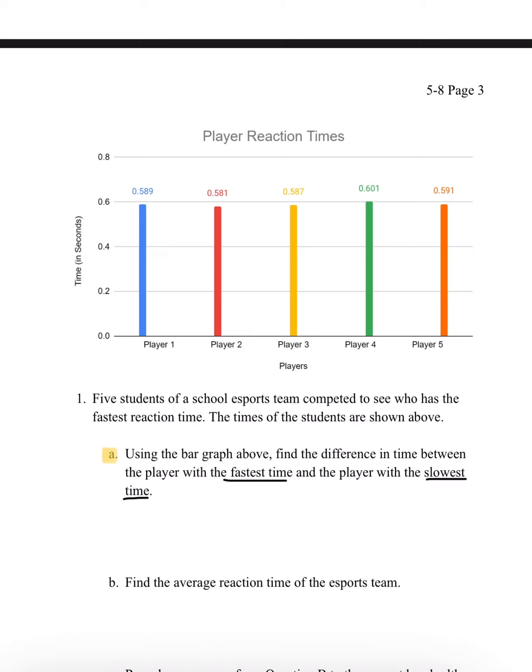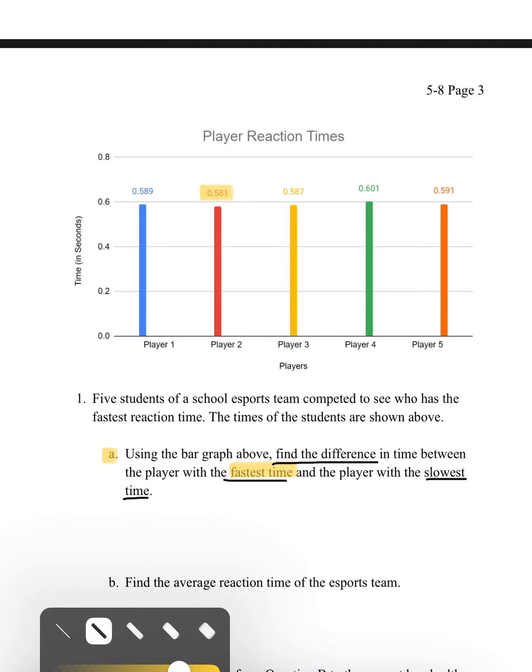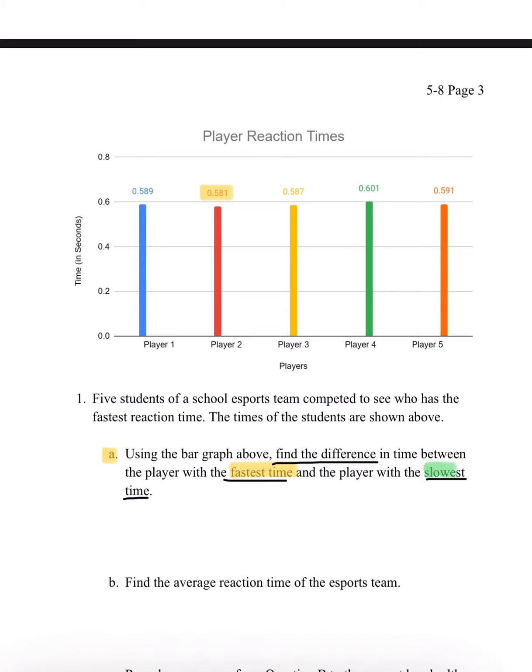So if we're finding the difference, that means we're subtracting it, right? So we're going to first find the player with the fastest time. So if we see here, we see that the 0.581 is the fastest time. And the slowest time will be the 0.601.